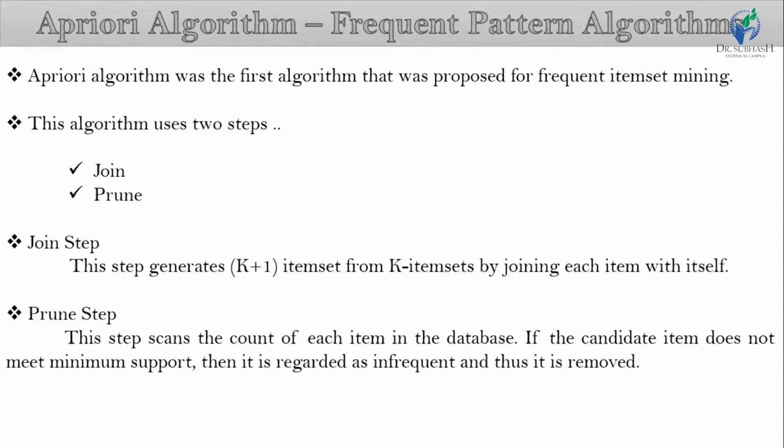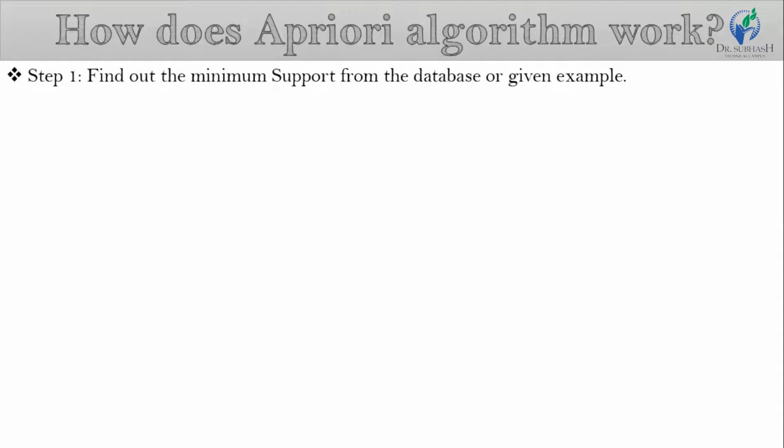So now I explain how the Apriori algorithm works, or its steps. In step 1, we find out the minimum support from the database or given example.